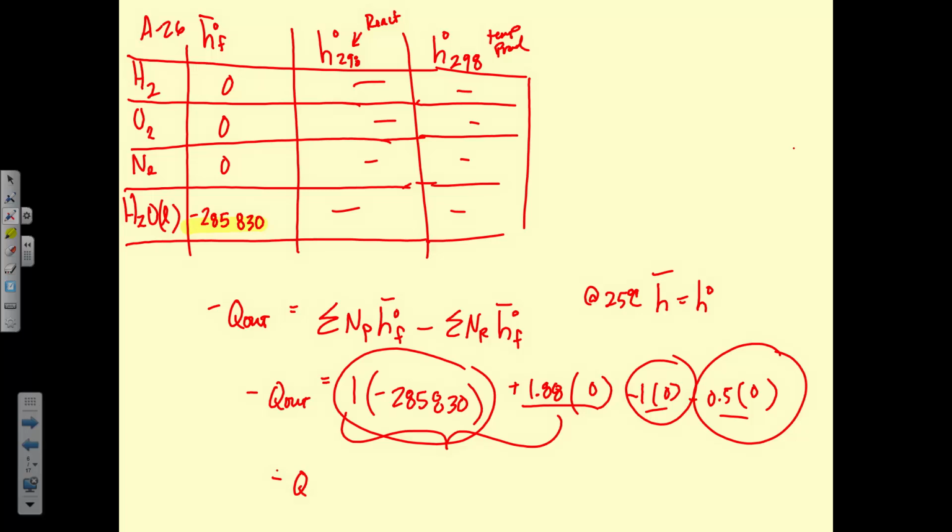So we find our negative Q out is equal to negative 285,830 kilojoules per kilomole. In other words, positive Q out is equal to positive 285,830 kilojoules.